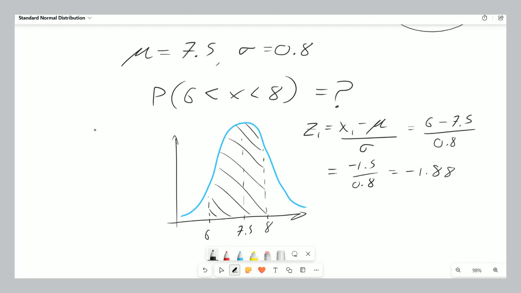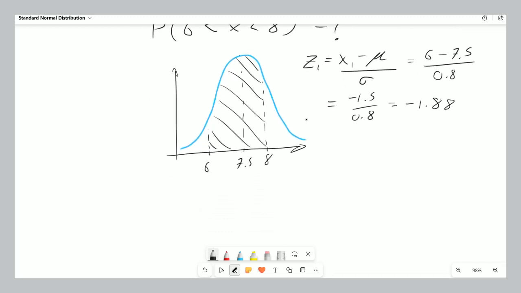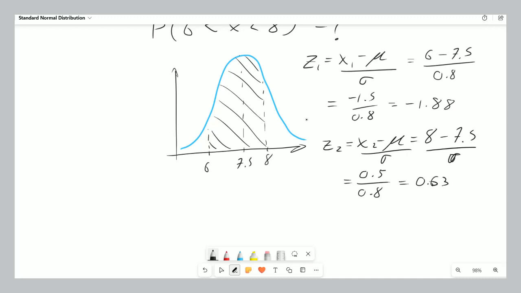And for our second z value, we have z2, which is equal to x2 minus mu, which is 8 minus 7.5. And of course, we're dividing by sigma in both cases. So 8 minus 7.5 is going to give us 0.5. And when we divide that by 0.8, which is our sigma, we get 0.63 if we round to 2 decimal places.